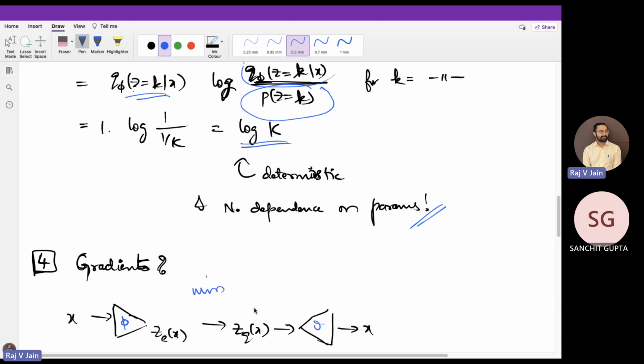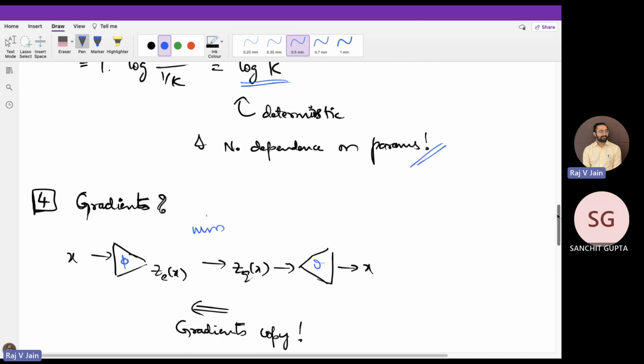So what they do is copy the gradients from here to here. They find the gradient with respect to ZQ of X, then just apply those gradients at this layer and then backpropagate.